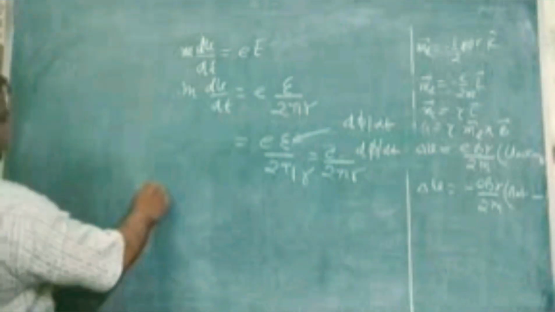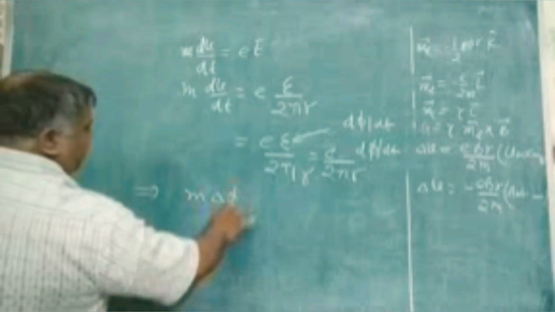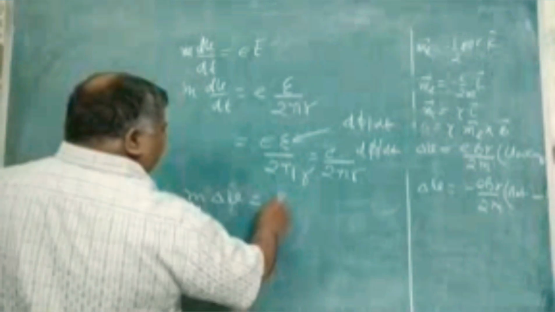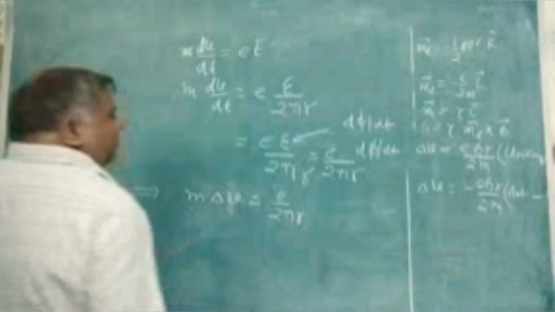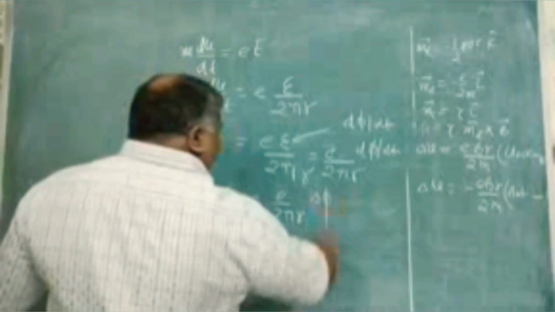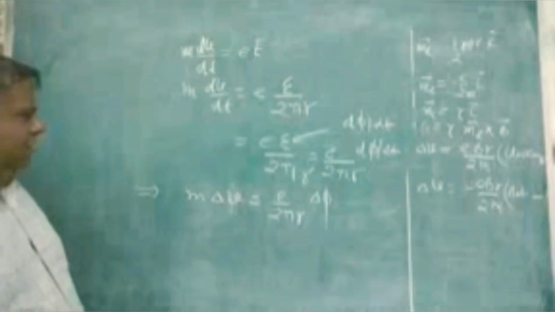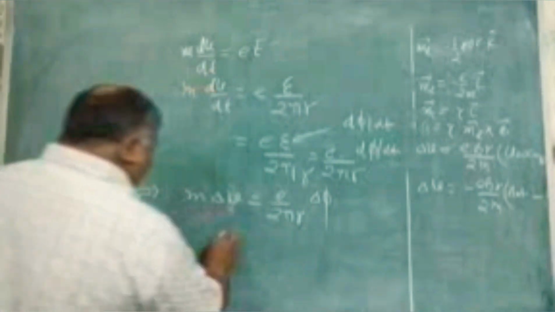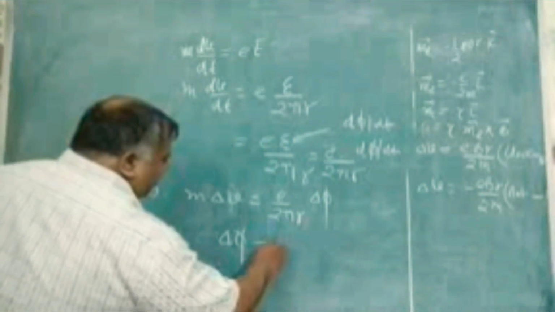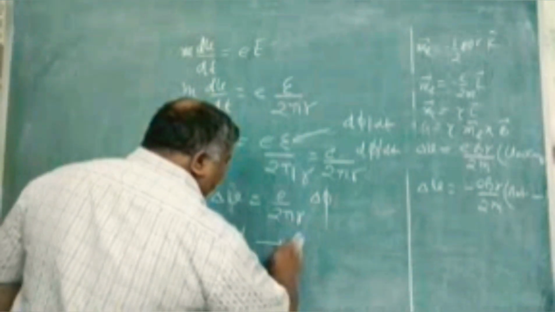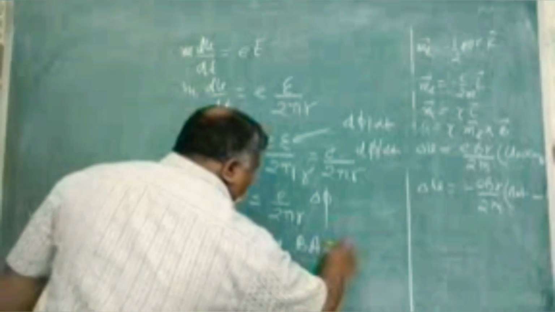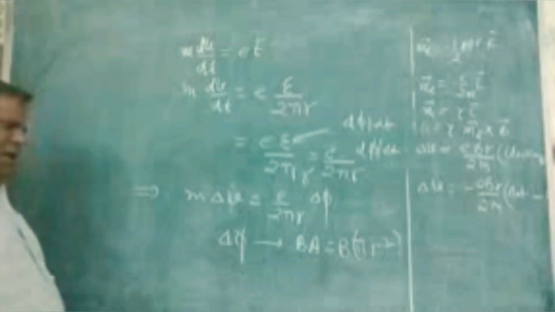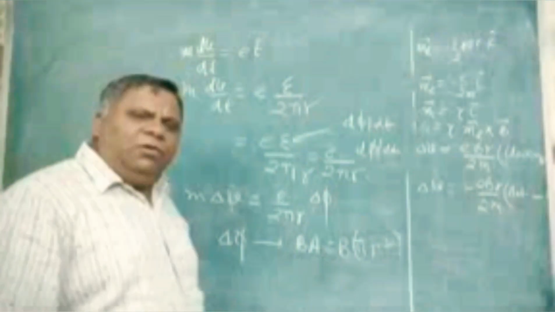Implies m dv equal to E delta phi. The change in flux is B dA, where A is the area of the orbit.